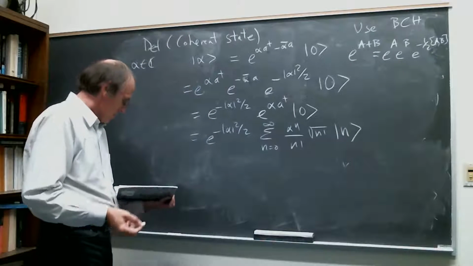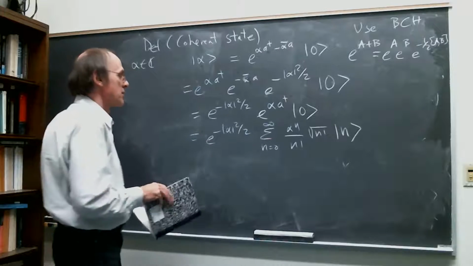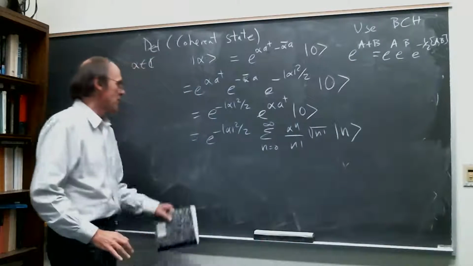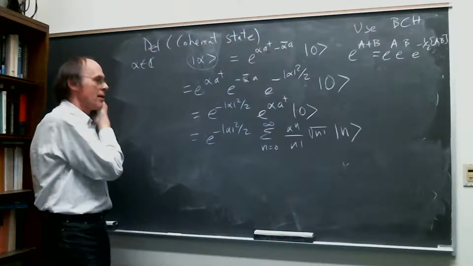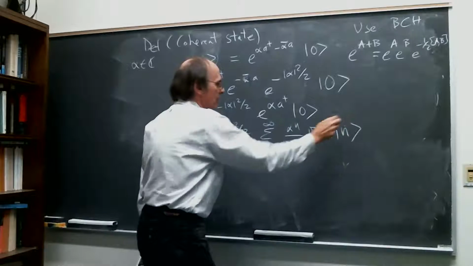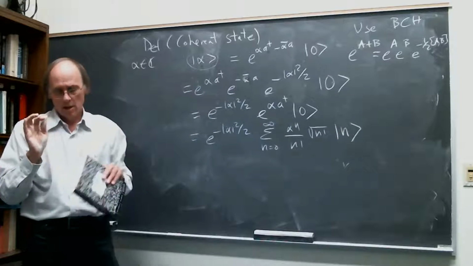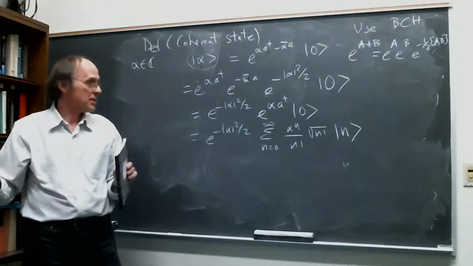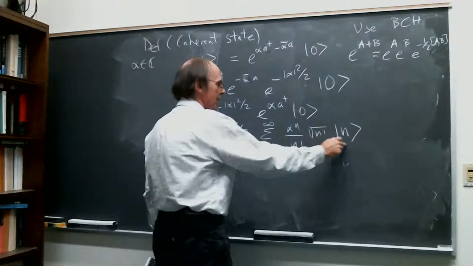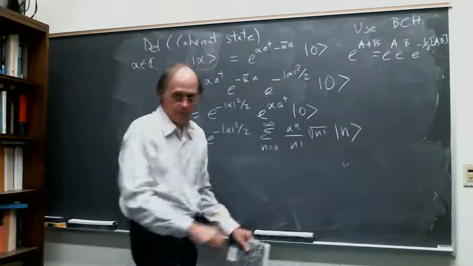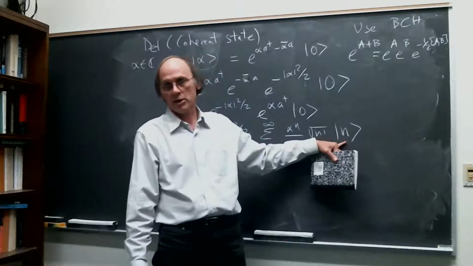You can rewrite these coherent states alpha in the occupation number representation. They contain an infinite number of terms of different occupation number.